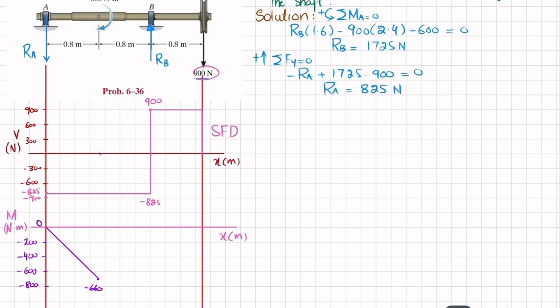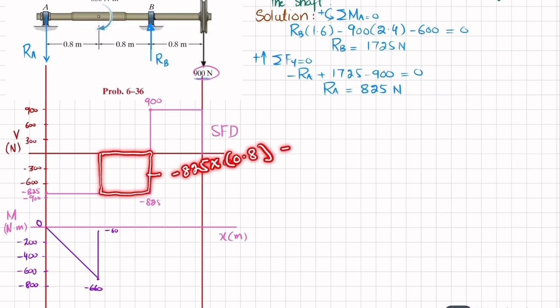So shear force will change to minus 60. Let's say minus 60 is somewhere here. So shear force will change from minus 660 to minus 60. Now you can see you have remaining this portion, and this area will be equal to 825 into 0.8, which is equal to minus 660.